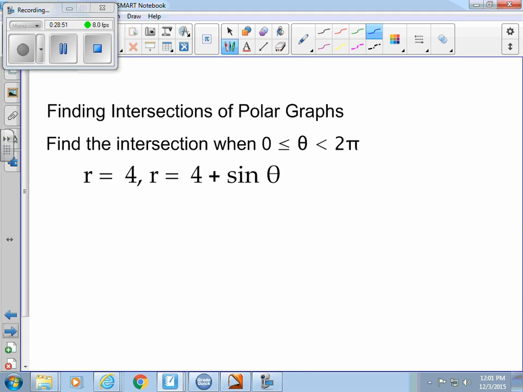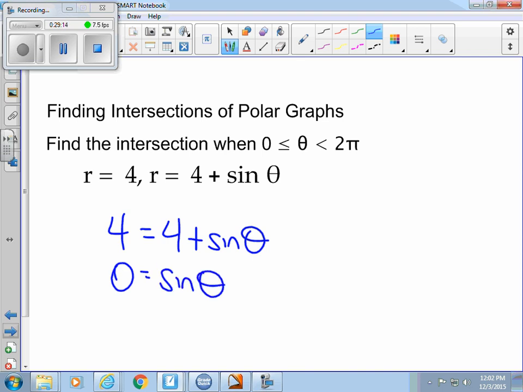I want to find the intersections between 0 and 2 pi when r equals 4 intersects r equals 4 plus sine of theta. So how would I do that? Subtract 4 from both sides.